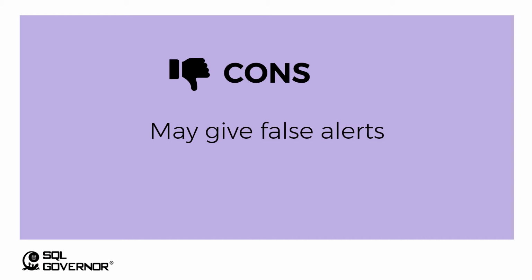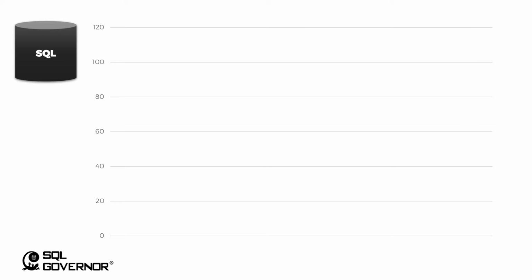The cons are that it may sometimes give you a false alert. For example, the pattern-oriented alerting looks at your data and sees that there is always this kind of first little low trending pattern, then a little peak that goes down again, then a little straight line, then a high peak, a very high peak. For example, 80% CPU utilization that would raise an alert, and then it goes very fast down.